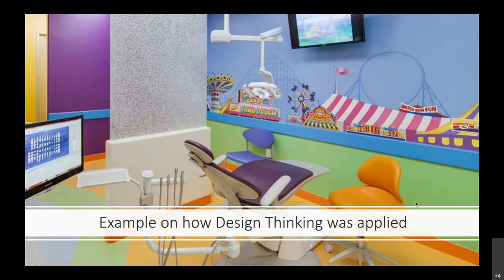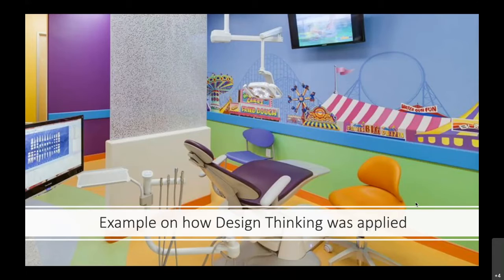As you can see, the solution was that they painted the wall to give a better look and feel for kids, and to make sure that they feel more comfortable getting into the room and doing whatever they have to do. So design thinking was basically focusing on the end user's needs, on their feelings and emotions.